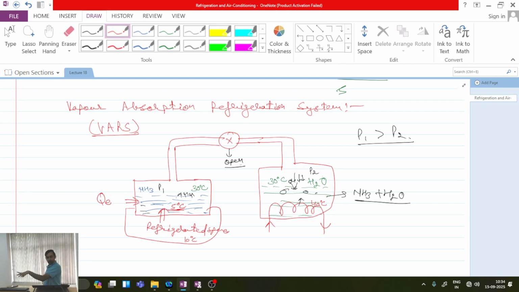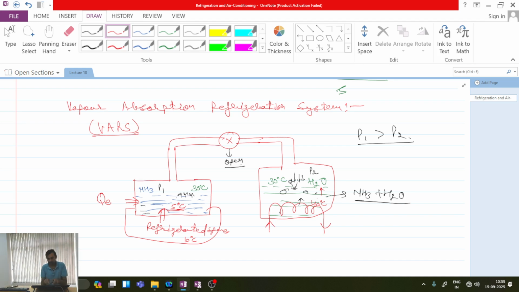Now there are two possibilities for stopping this operation. The first possibility is that in this water-ammonia mixture the ammonia concentration has increased and reached some point after which the water cannot hold more ammonia.